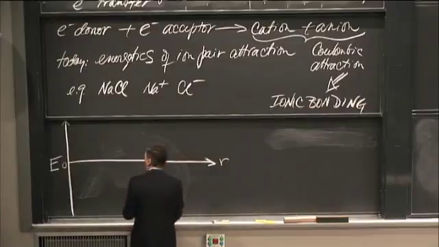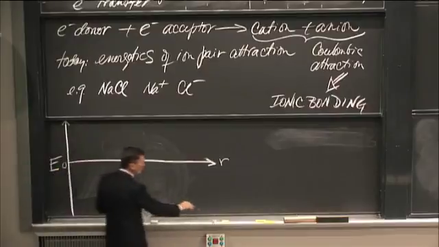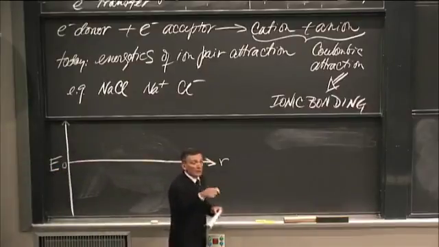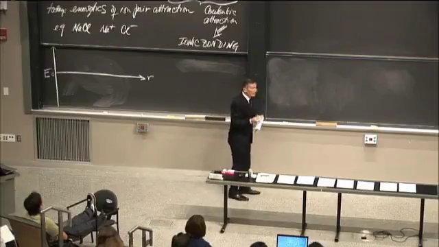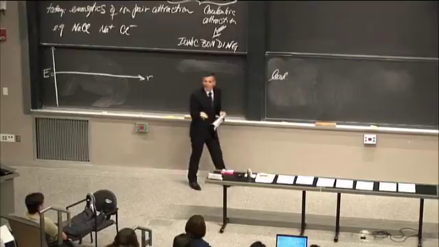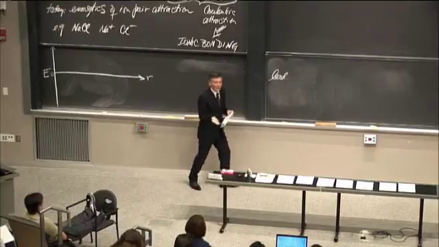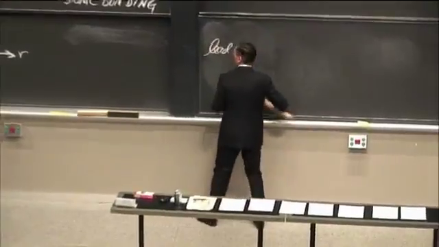So what I'm going to do is show you a plot of energy as a function of separation. So you're going to have to be pluralistic here in your ideas. For example, if I wrote this word by itself, you don't know if I'm saying lead or I'm talking about the metal lead. The only way you know is in context. And so you have to know in context here.